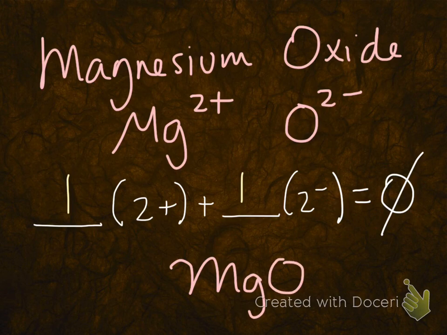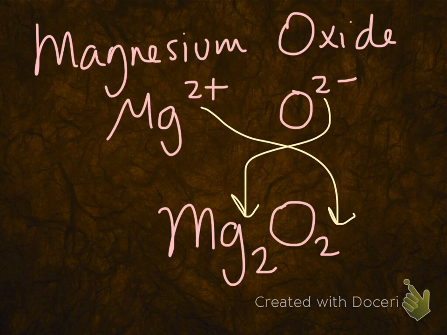But what if we were using the crisscross to find the formula for magnesium oxide? I'll show you the thing that people sometimes do. They crisscross those charges and get Mg2O2, which, while it is the correct ratio, is not a correct formula unit, because the subscripts in a formula unit have to be simplified.